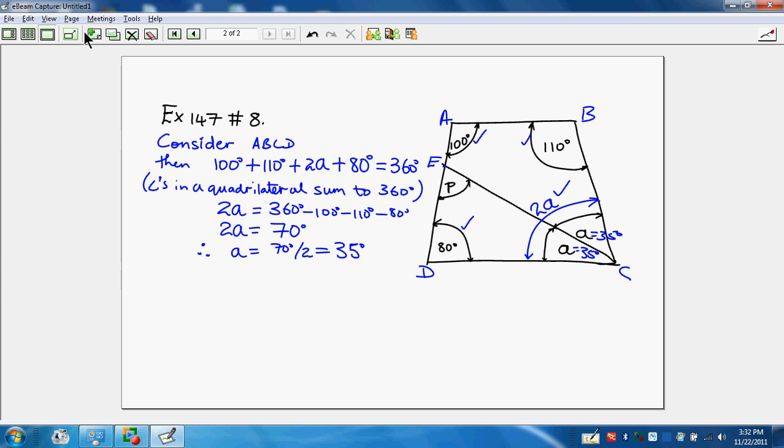So if we now consider the triangle ECD, then what we could say is that angle P plus 80 degrees plus 35 degrees must be equal to 180 degrees.